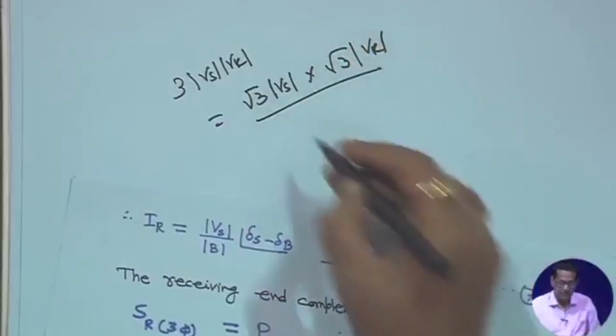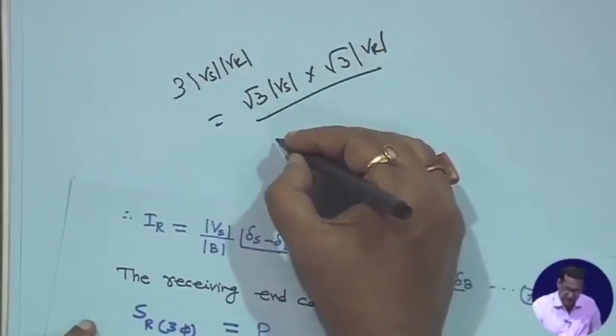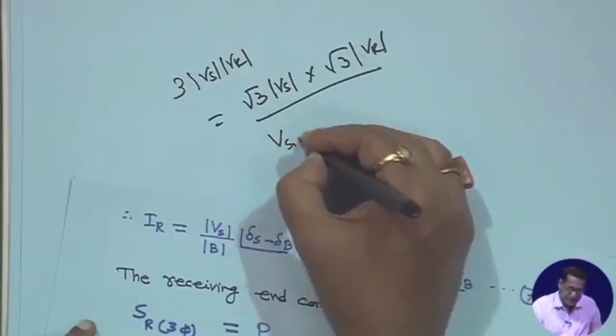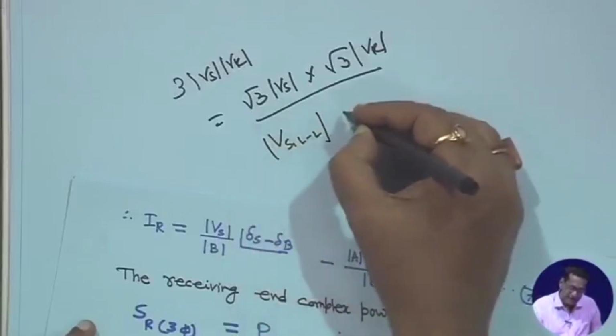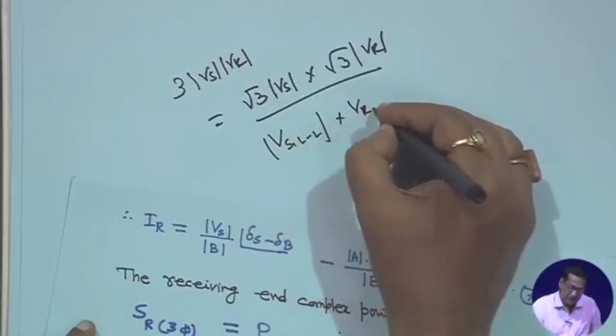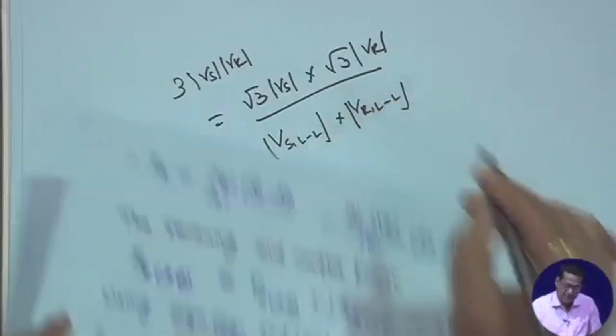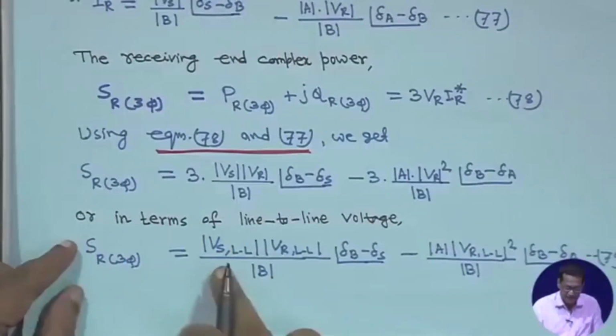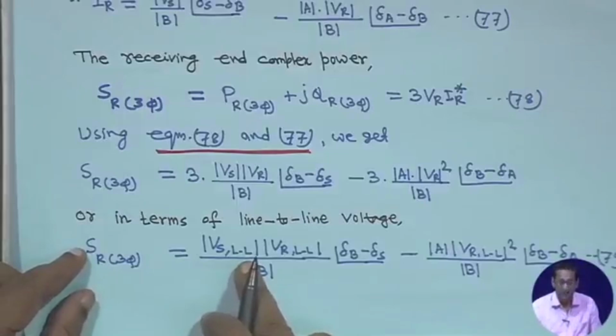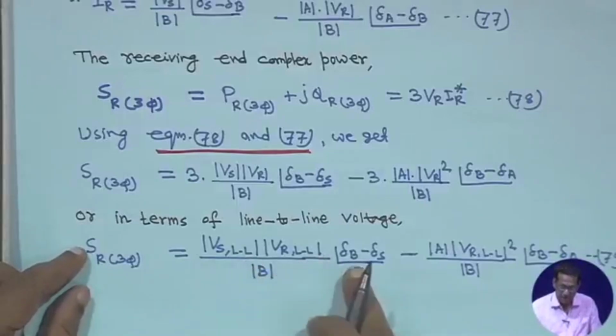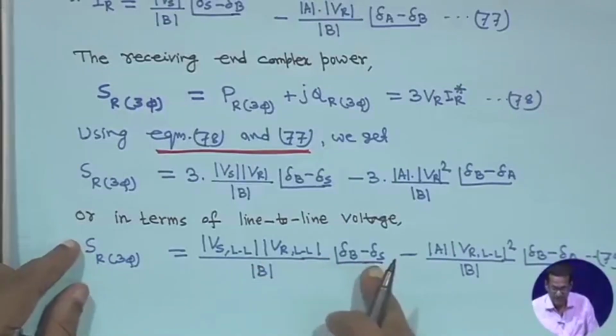So, this actually becomes V s line to line into V r line to line by mod B angle delta B minus delta s.